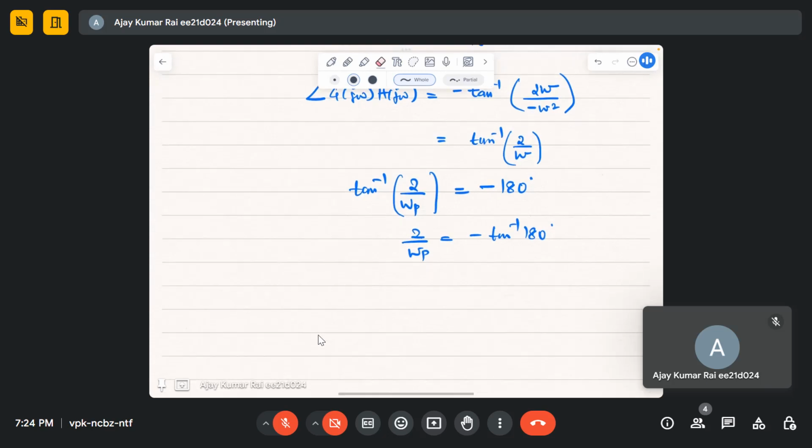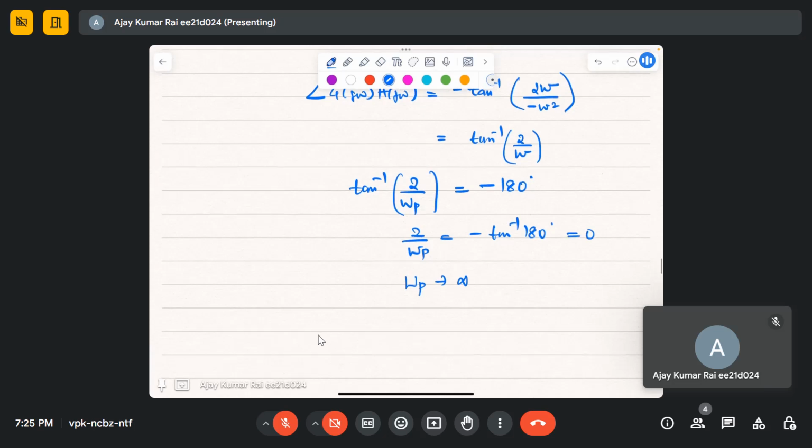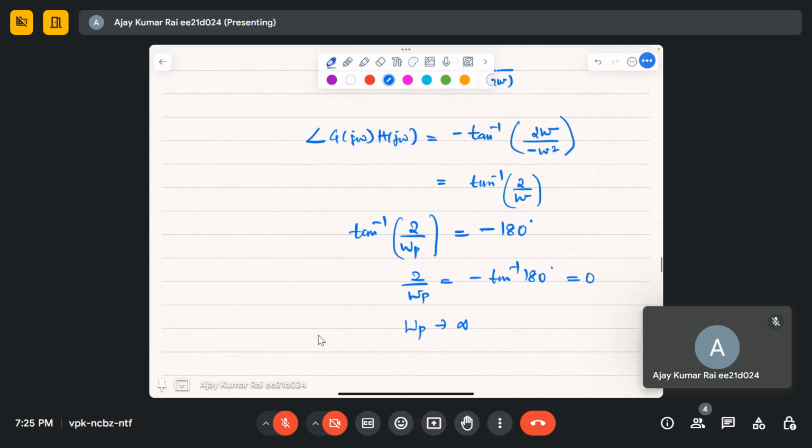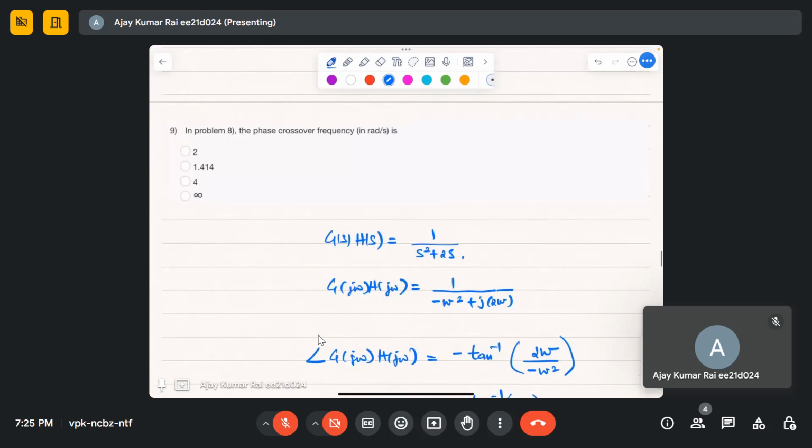So when can 2 by omega p become 0? When omega p is tending to infinity, 2 by omega p will be tending to 0. So that's why omega p is equal to infinity. The phase crossover frequency is infinity.